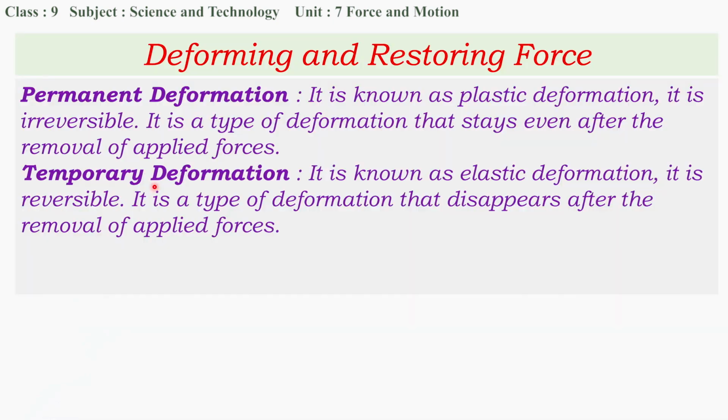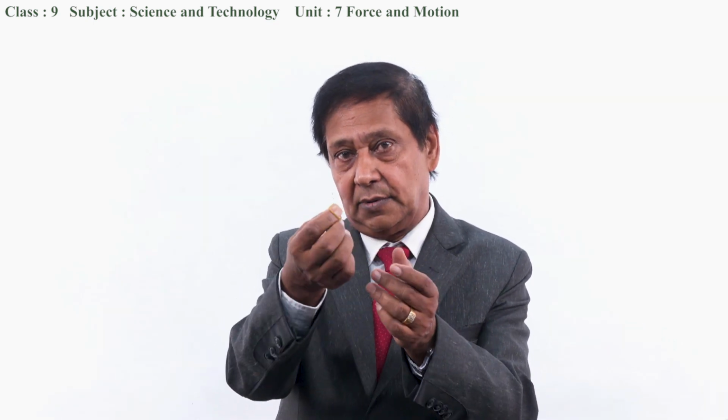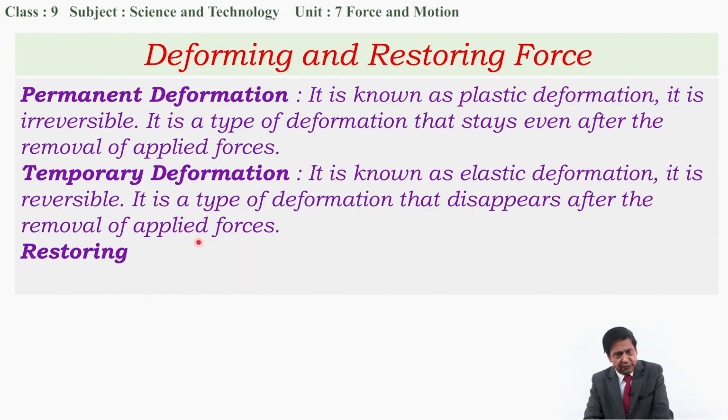Then this is temporary deformation. It is known as elastic deformation. It is reversible. It is a type of deformation that disappears after the removal of the applied force. When I stop applying force, there is no effect on this rubber band. This is actually temporary deformation.